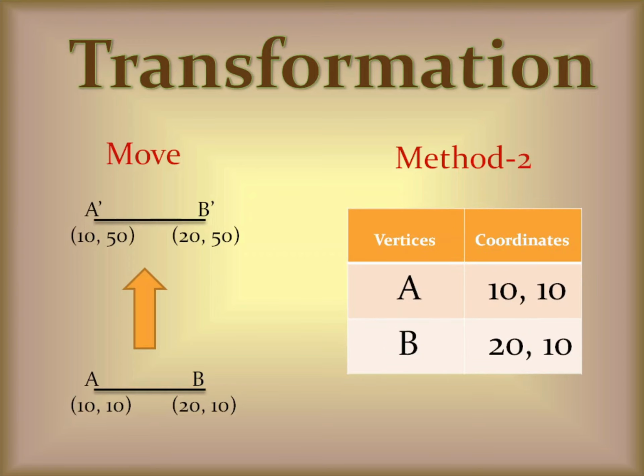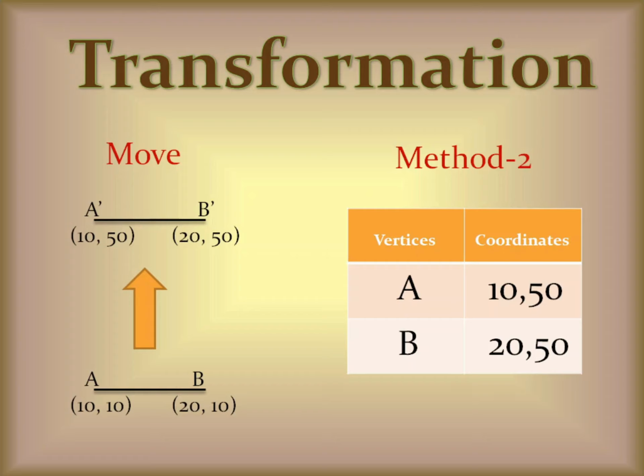You can see the CAD database which contains the information about the entity line AB. That is, the vertices A and B and their coordinates are stored in the CAD data. When the line moves to the new position, its current vertex coordinates are erased in the database. Then, the new position vertex coordinates are entered in the database without changing the names, A dash and B dash.